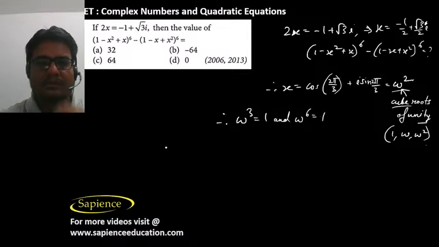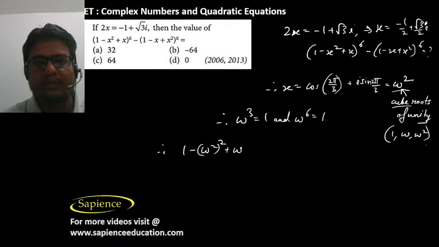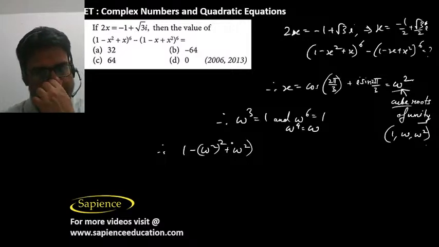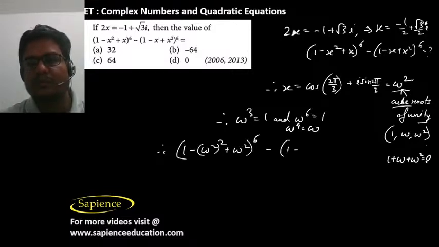So now here we have to find 1 minus, so x is equal to omega square actually here. So I can write 1 minus omega square whole square plus omega square, and omega power 4 is equal to omega. So whole power 6 minus 1 minus, and here also we can say 1 plus omega square is equal to 0.